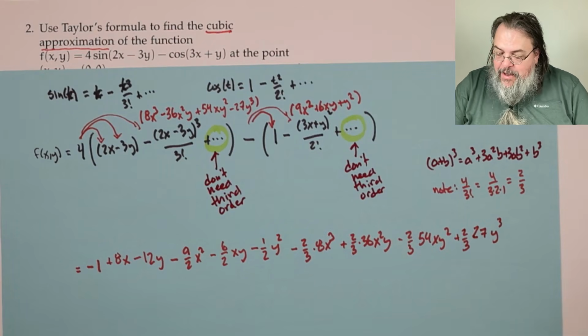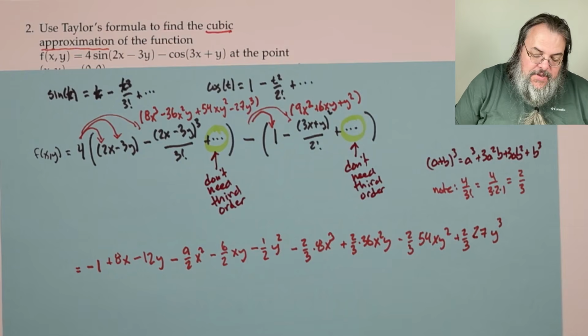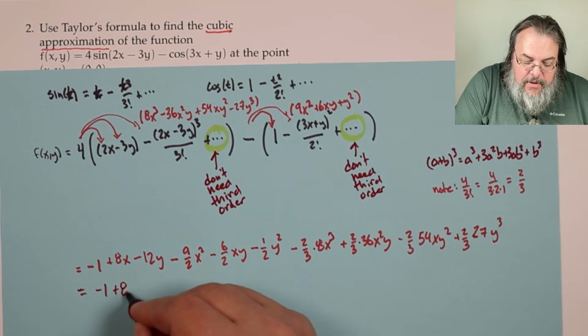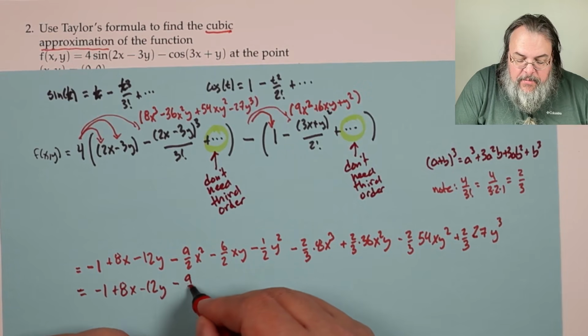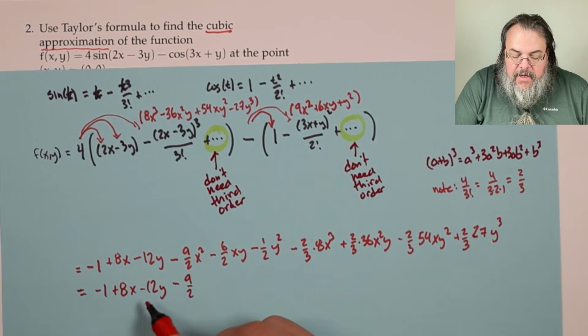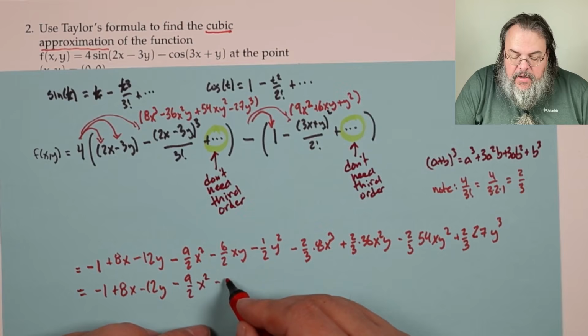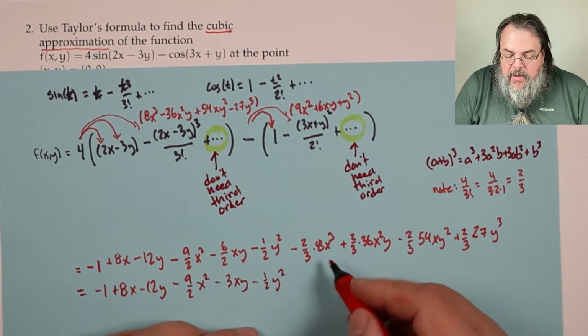And if we clean up these coefficients, at this point you're probably thinking, this is not any faster. Well, maybe not any faster, but it's another way. That's what I claim. Minus 1 plus 8x minus 12y minus 9/2 x squared minus 3xy minus 1/2 y squared.